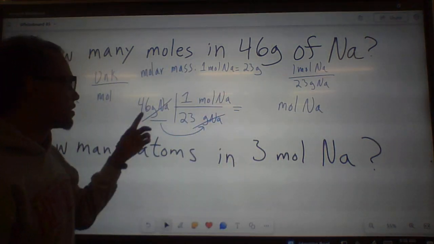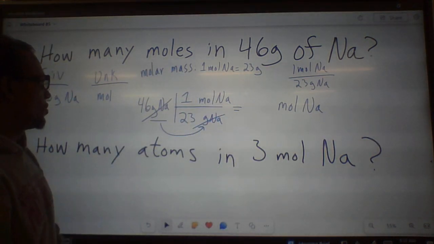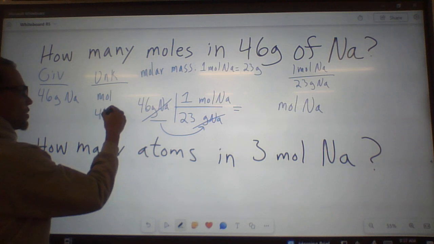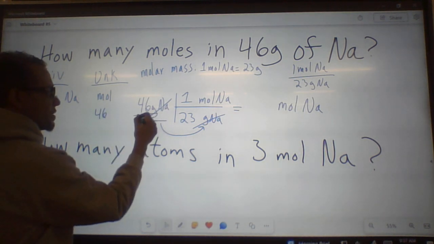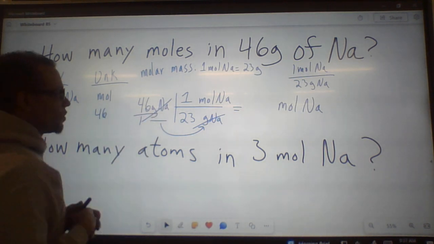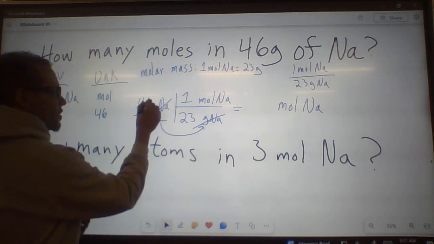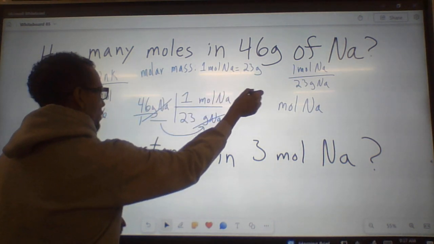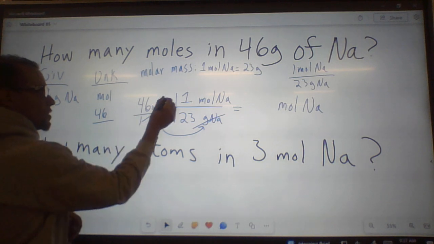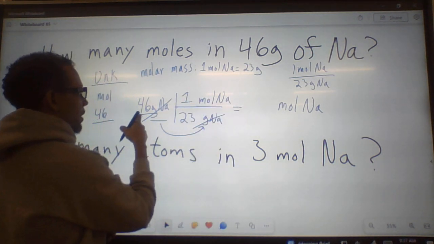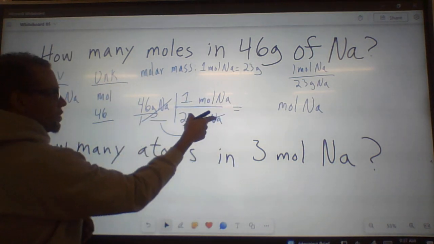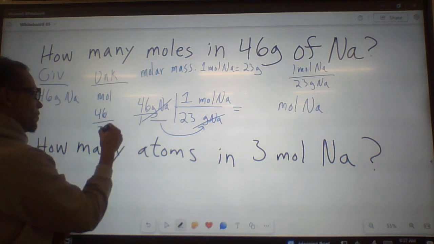Now I'm just going to express this mathematically. 46 times 1 is 46. I could express this as a fraction, 46 over 1 if I wanted to. So numerator times numerator gives me my numerator: 46 times 1. And then 1 times 23 gives me my denominator.